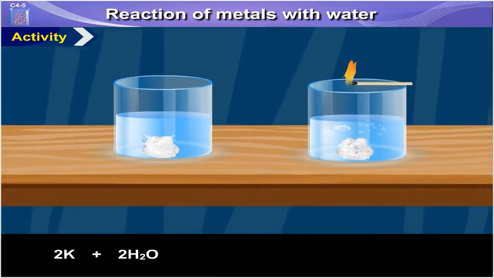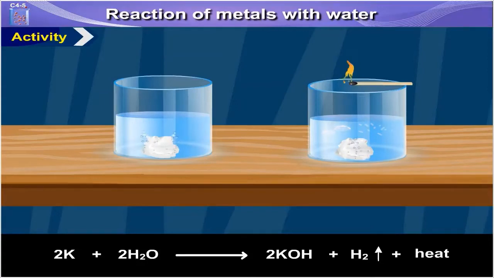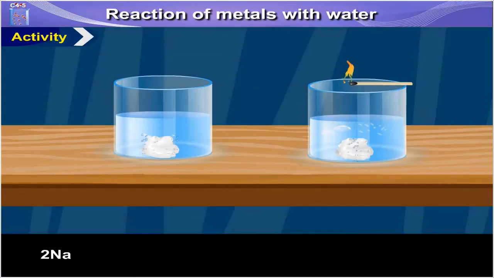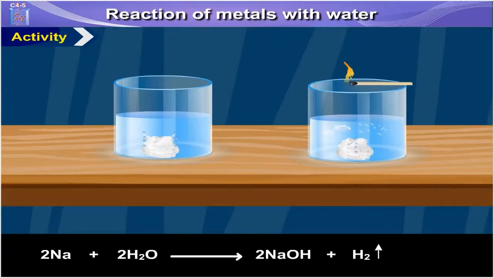2K plus 2H2O gives 2KOH plus H2 plus heat. 2Na plus 2H2O gives 2NaOH plus H2 plus heat.